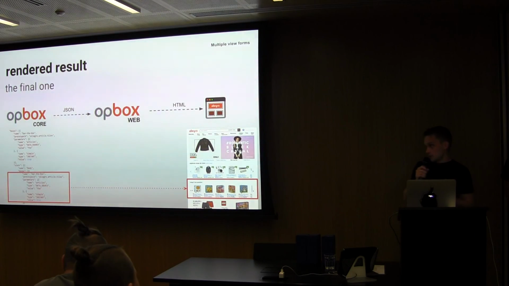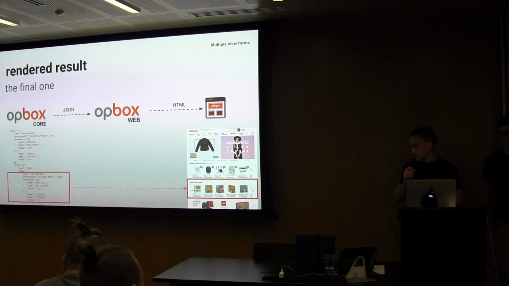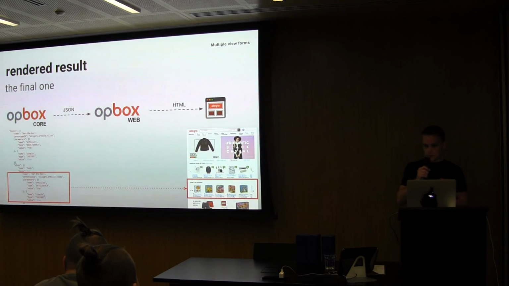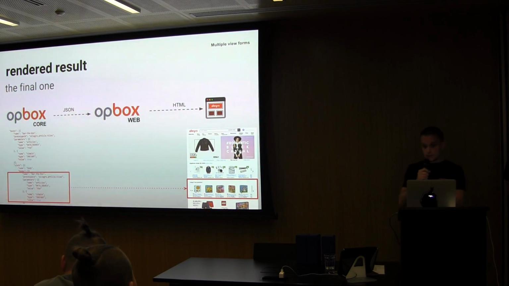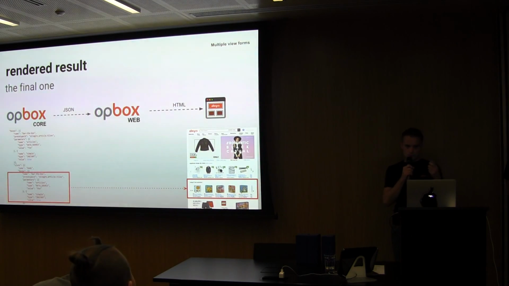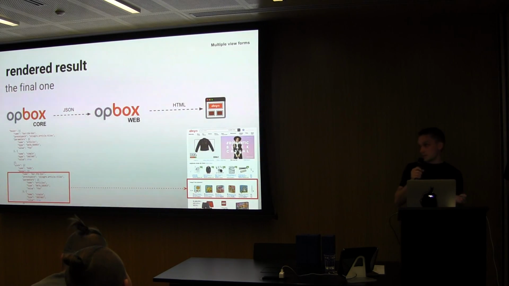But it's not like concatenating strings, as I said before. Because boxes are organized in a tree structure, we operate on the structure, and for example, boxes can decide on the presentation of the child boxes. So we have control.